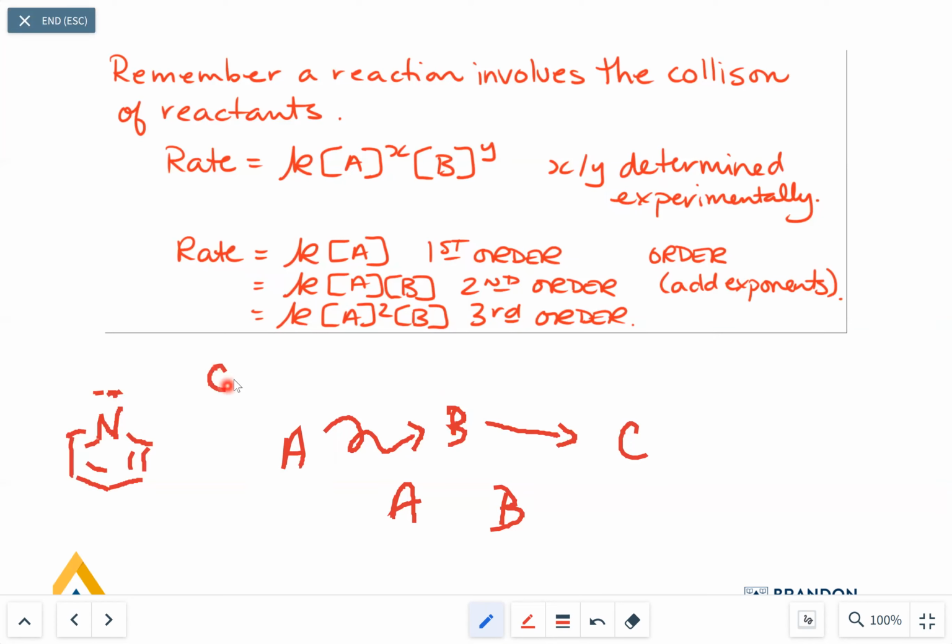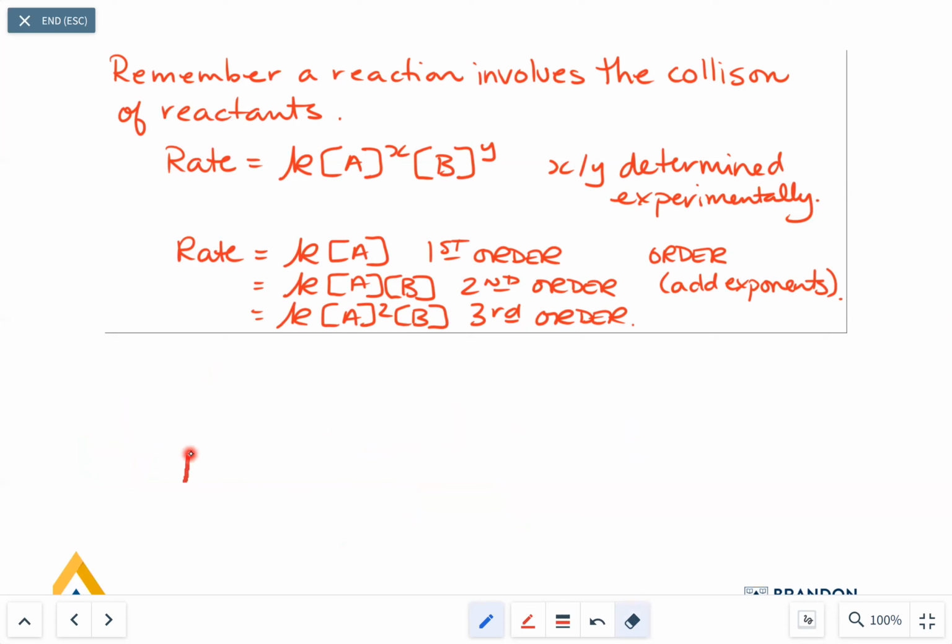So for example, let's say you've got pyridine and you've got HCl, and this bond is polarized in this direction.